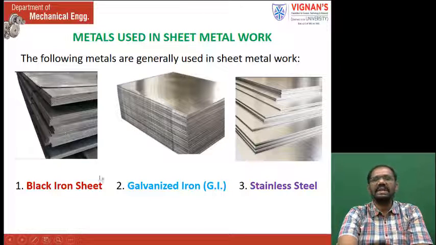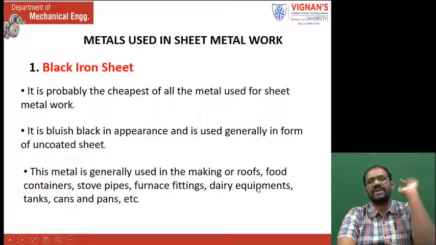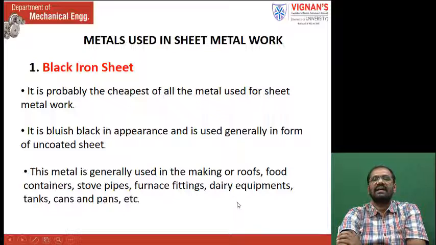If it is mixed with nickel, you will get stainless steel. So that is the base metal, uncoated. It is generally used in making roofs, food containers, stove pipes, furnace fittings, dairy equipment, tanks, cans, and pans. These are the applications of black iron sheet.